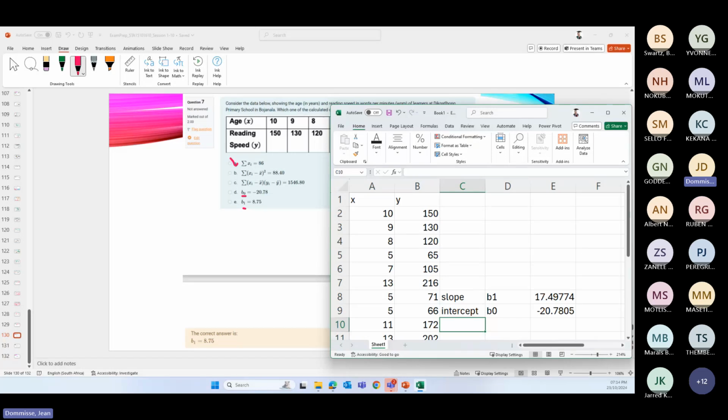So in the HP, I know I need to put in my XY, the first one, then X2, Y2, and then it has the buttons to work out B0, B1, and those things.